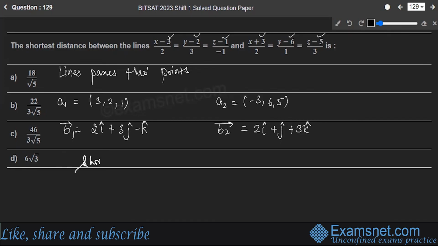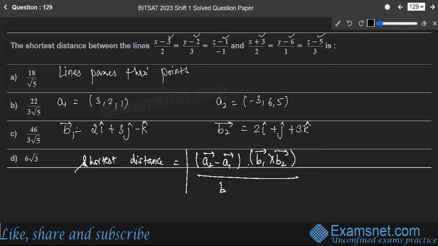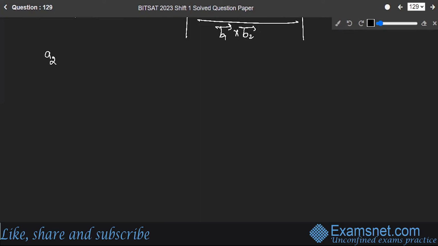Shortest distance is given by the modulus of A2 minus A1 dot product with B1 cross B2 divided by this. So let's find out first of all A2 minus A1.